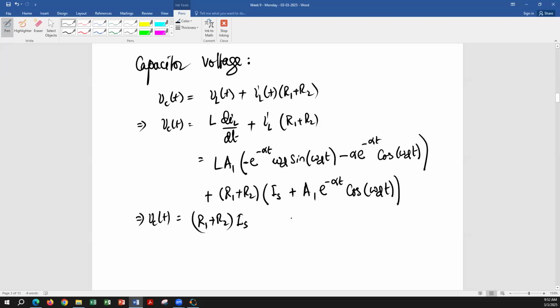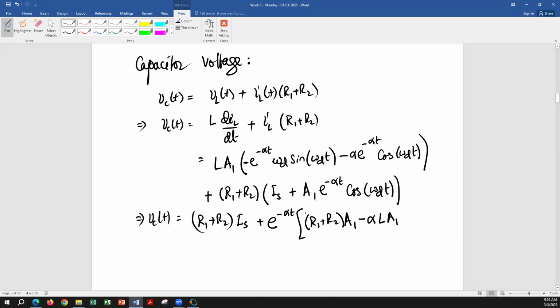I'm going to write down the cosine terms together, plus e to the power negative alpha t, since it is common in each term, and then (R1 plus R2) times A1, and then from the first term, negative alpha times L times A1.